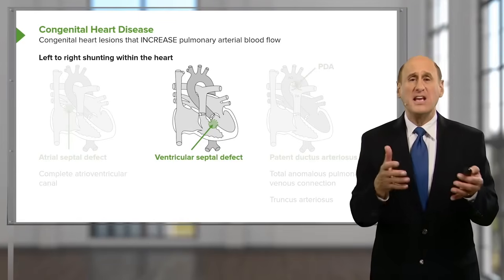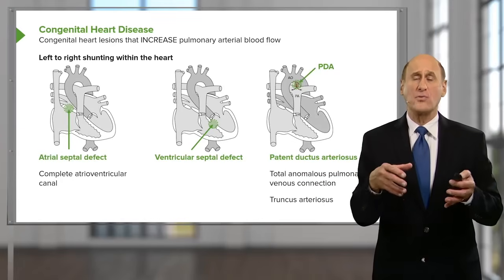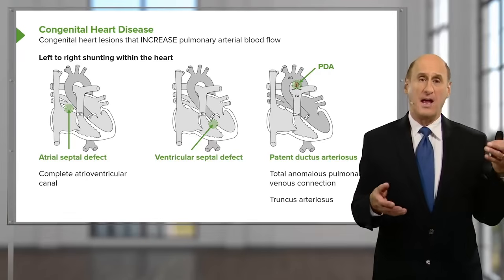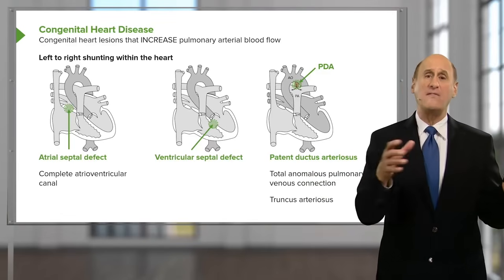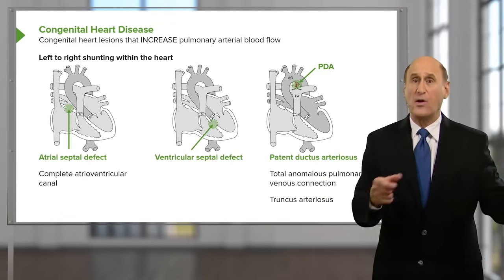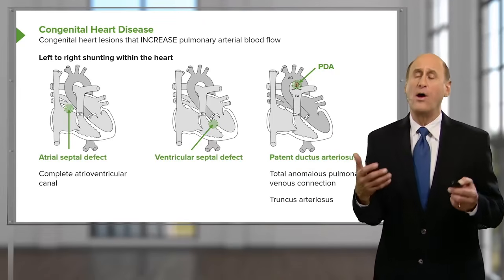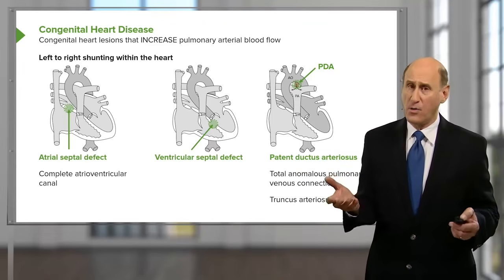You can see in each of these conditions, extra red blood is arriving in the pulmonary circuit. In ASD and VSD, it's arriving in the atria and the ventricle, and in PDA, it's arriving at the level of the aorta or the pulmonary artery.